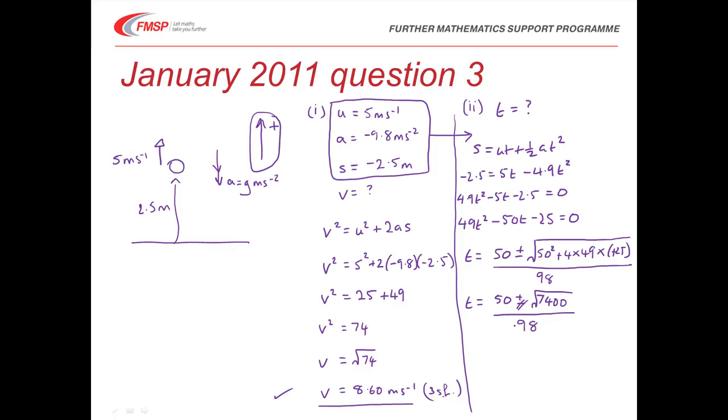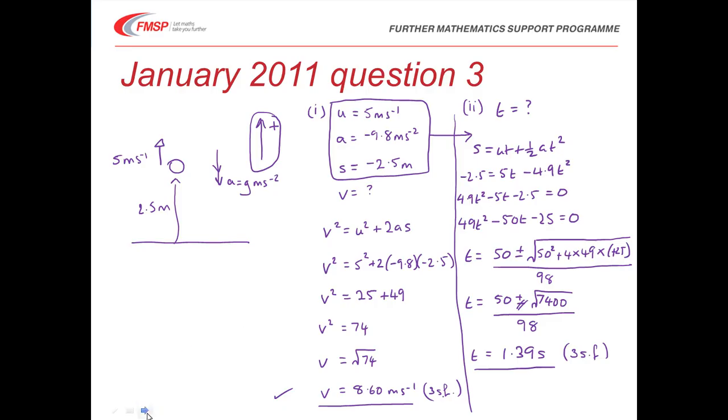It's going to give me a negative value for time. So just taking the one solution with 50 plus the square root of 7,400, all divided by 98, I get 1.39 seconds, which to me seems a reasonable time for throwing something up in the air and expecting it to come down and hit the ground. To 3 significant figures as per the standard instruction at the front of the exam paper.